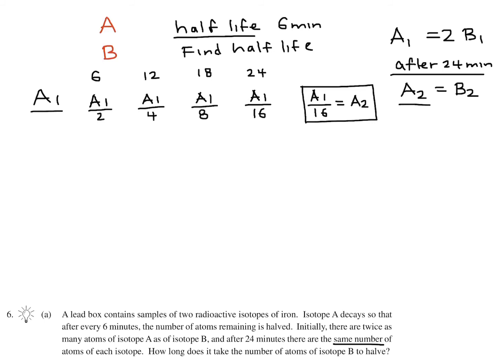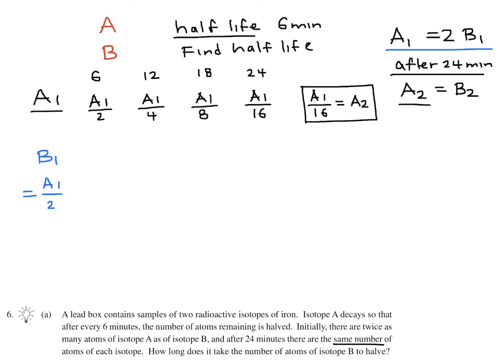Now let's turn our attention to B. Initially, B1, we don't really have a value. All we have is just B1. Okay, no problem. So B1, we know from this equation, is equal to A1 over 2, if you just manipulate that equation a little bit. So this is A1 over 2. Now, we don't know the half-life.